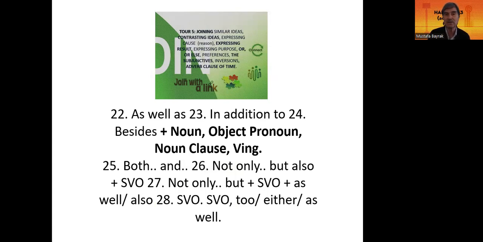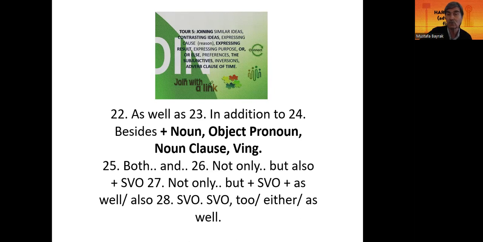For example, besides, I like walking, running, besides swimming, for example. 25, both and, not only but also, not only but as well, and again to either as well.